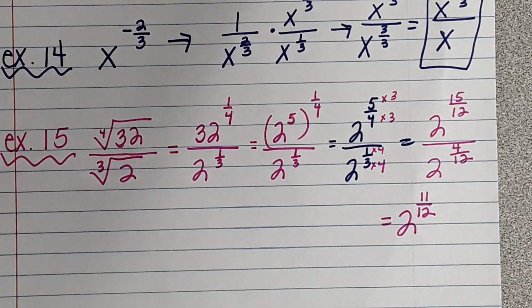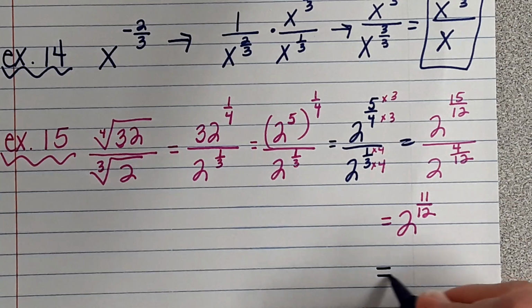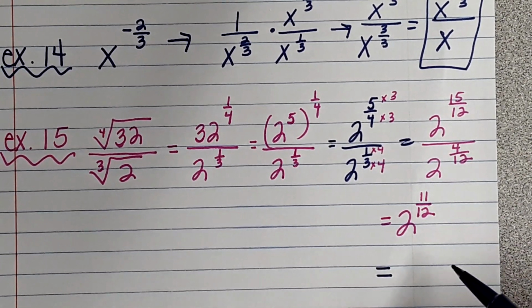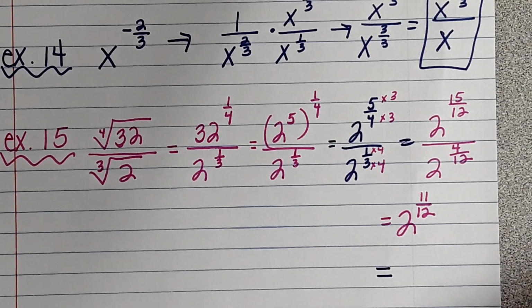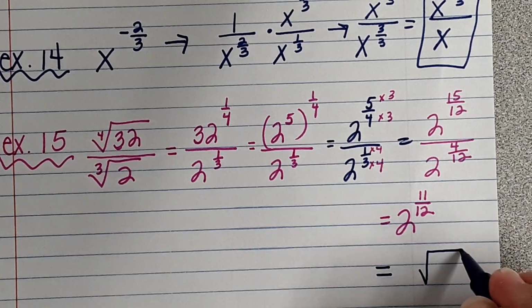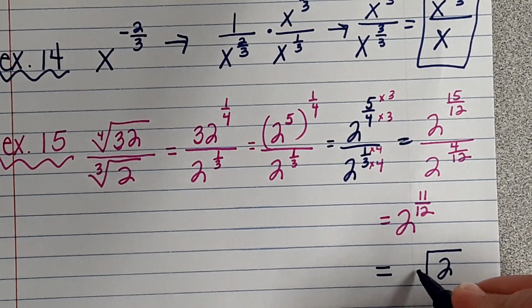Now, here's my question. Am I done? I would be done if I had started off with rational expressions, but I started off in radical form. So, one more, and then we're done with this one. Where does the 2 go? The big 2. Where's the 2 go? Inside the radical. What goes in the check mark?